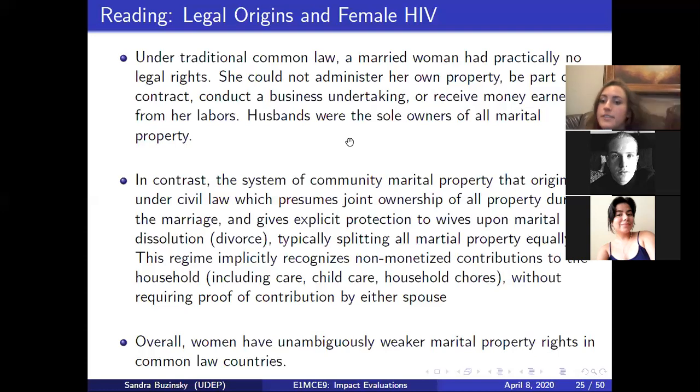There are important differences between the two, but since we're only interested in the outcome of HIV rates, and we think that HIV rates will be affected by women's negotiating power in a household, then we think the most important laws will be how women can control their property rights.